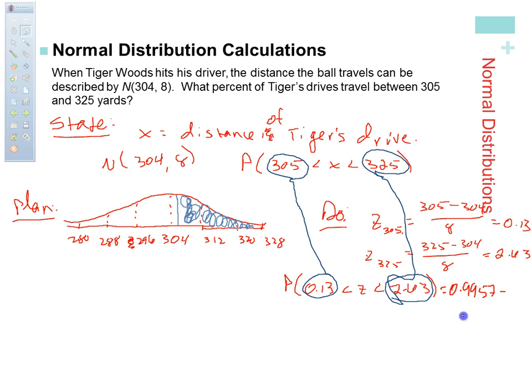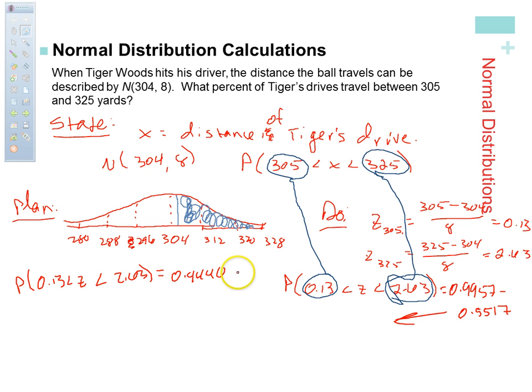I'm going to subtract 0.5517. And when I subtract those values, and I'm going to bring this over here, so now the proportion of z-scores that are in this interval becomes 0.4440.